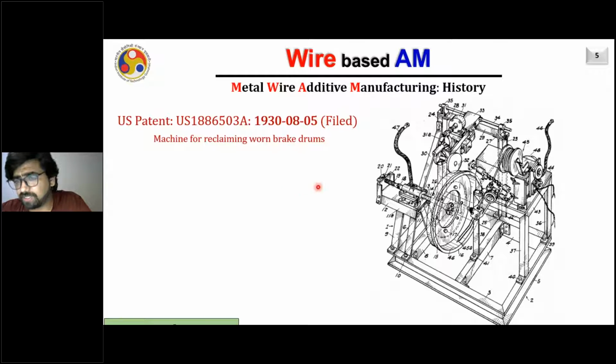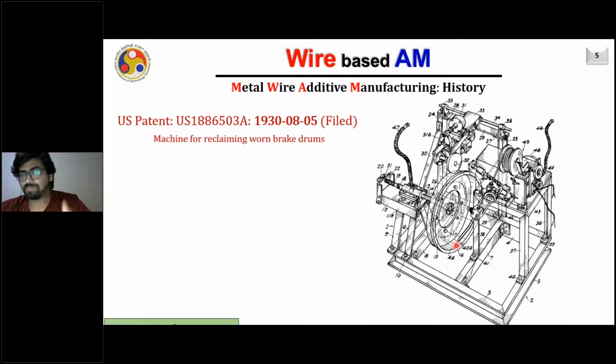One such example is shown here. So you can see a brake drum, right? This brake drum got worn out because of some mechanical system continuously acting, due to the relative motion between the two surfaces. Of course, due to the friction, some of the material will get worn out from here, right?